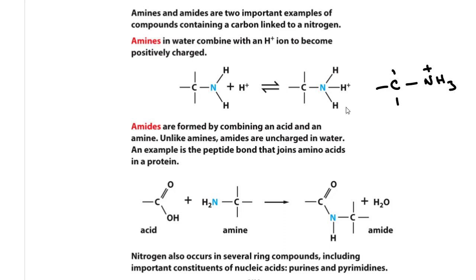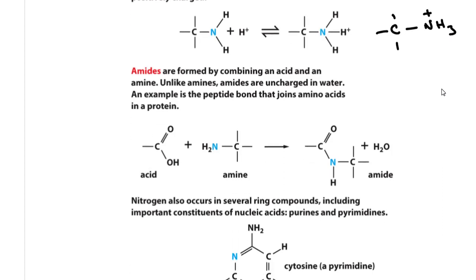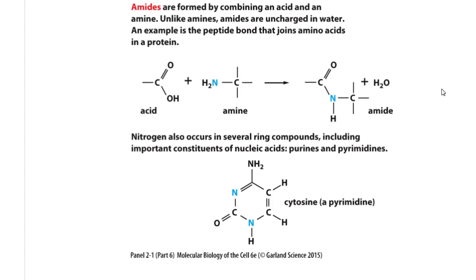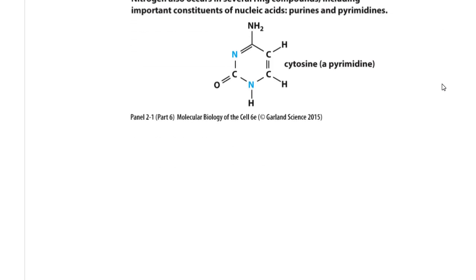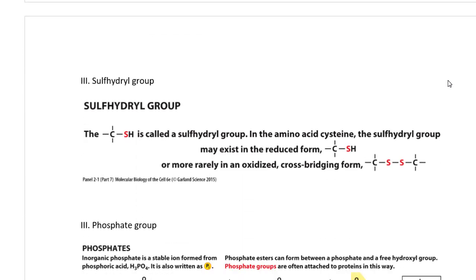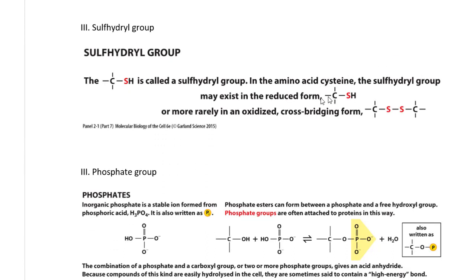So at pH 7 it's going to have a plus charge and 3 hydrogens, one extra single bond being made by this nitrogen. Amide groups, this is important for peptide bonds because peptide bonds are amide bonds. And we're not going to really deal with thiol groups, so this is not super important for us.